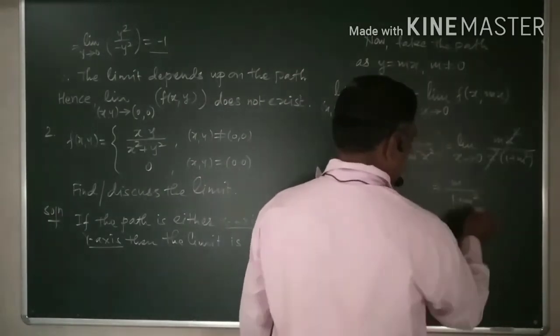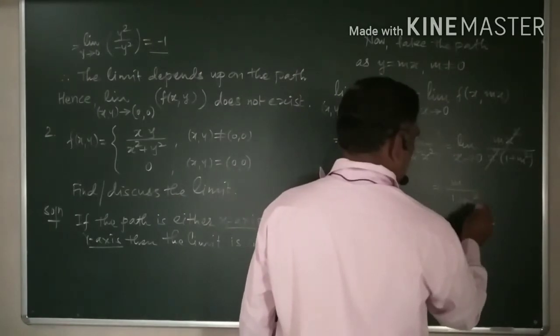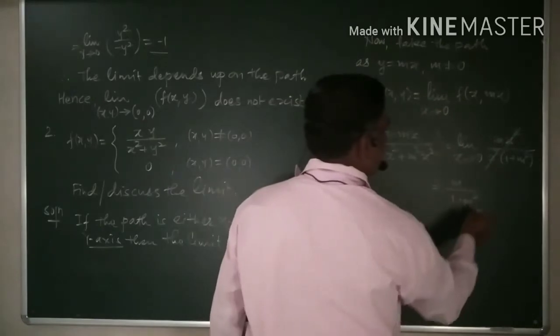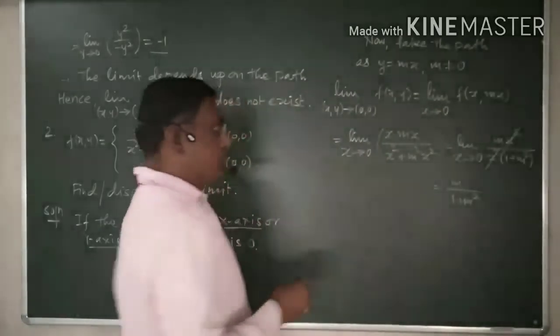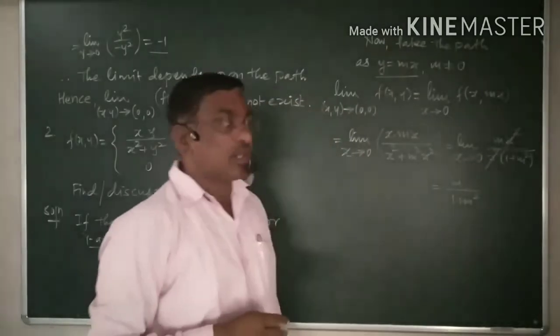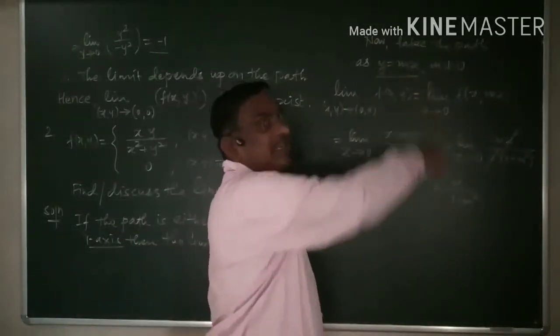We are getting this as the limit along the path y is equal to mx. Now, if you look at this, you are getting different limits for different lines.